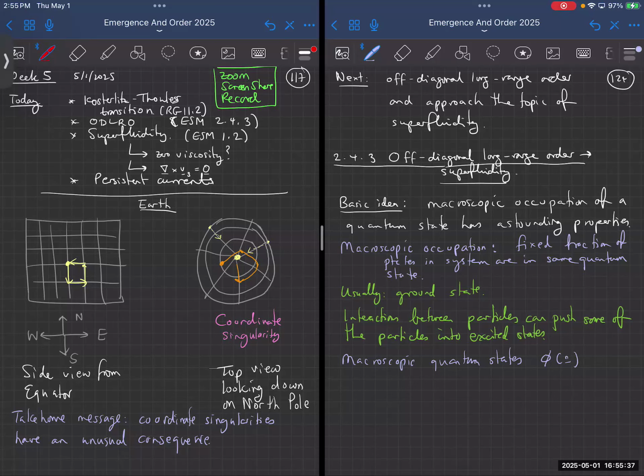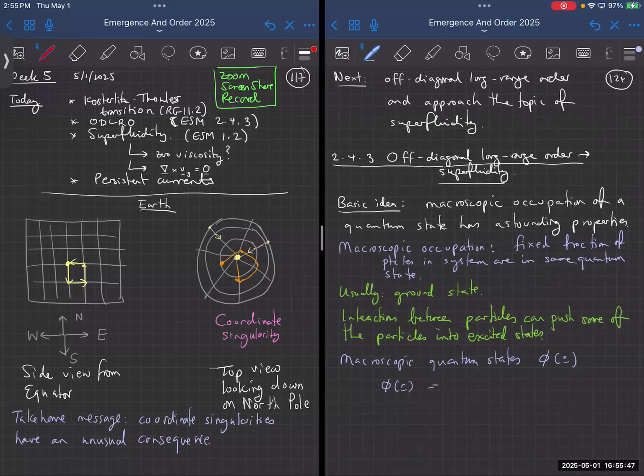This macroscopic quantum state has a spatial dependence and obeys a Schrödinger-type equation. I'm going to say that this wave function has a form with some amplitude, which can vary in space, and then a phase that can vary in space. So I'll write it like that.